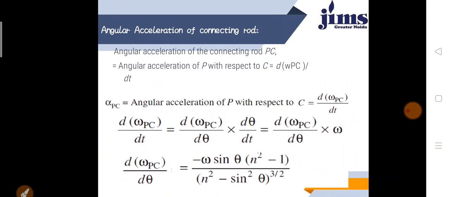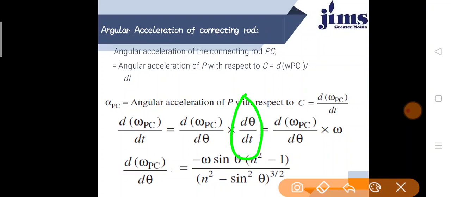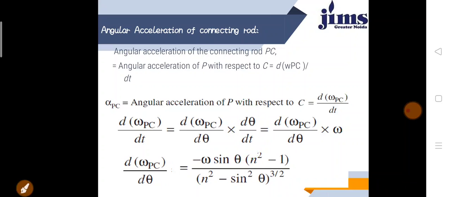So d over dt of omega PC equals d over d theta of omega PC multiplied by d theta over dt, and d theta over dt is omega. And d omega PC upon d theta equals minus omega sin theta into (n square minus 1) upon (n square minus sin square theta) whole power 3 by 2. I hope there is no issue, because this is simply differentiation.